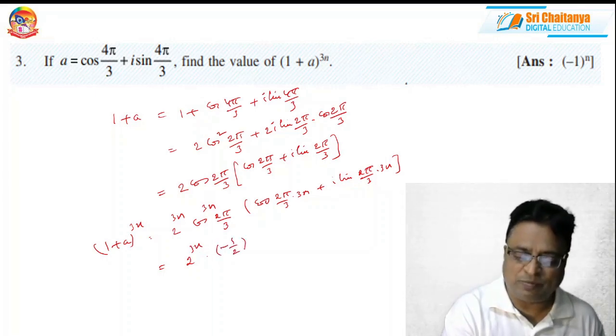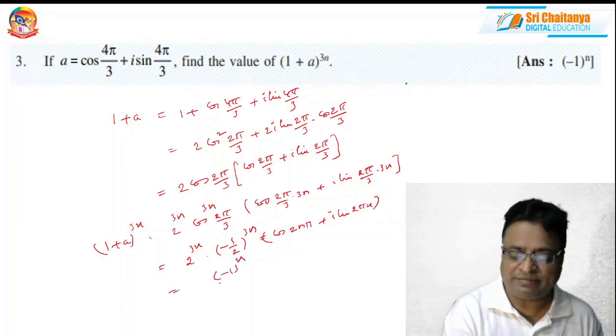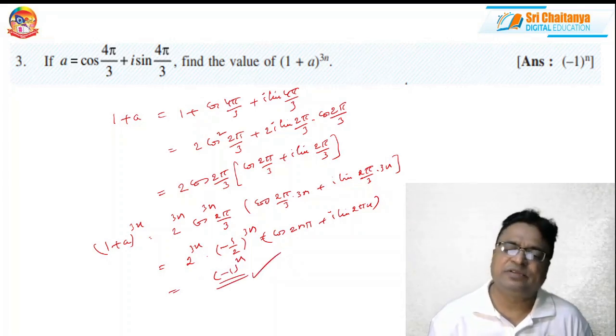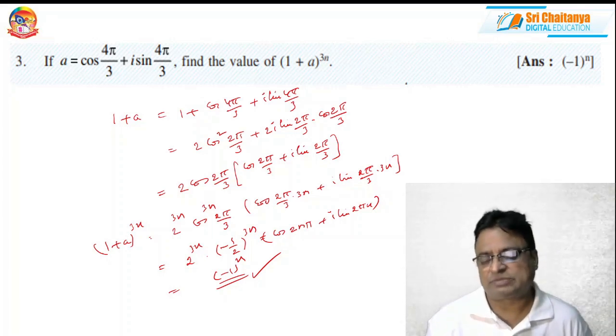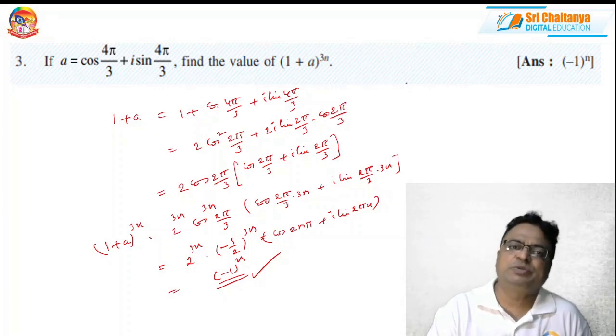Minus 1 by 2 whole power 3n, into cos 2 pi n plus i sin 2 pi n. So after simplification, this becomes minus 1 whole power n, because cos 2 pi n plus i sin 2 pi n is nothing but 1. So 2 power 3n and 2 power 3n get cancelled, and I can write it as minus 1 whole power n. Okay, this is the way to solve this problem.